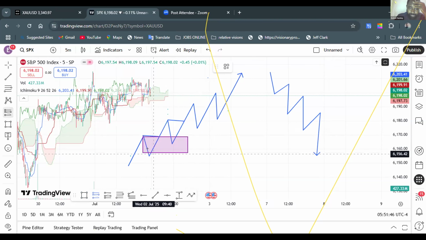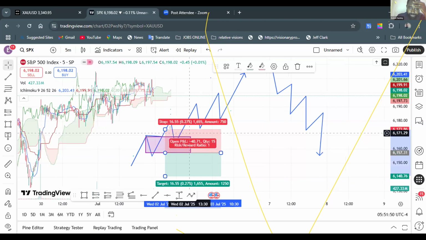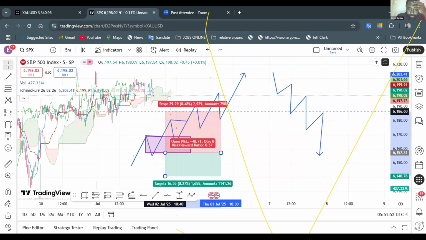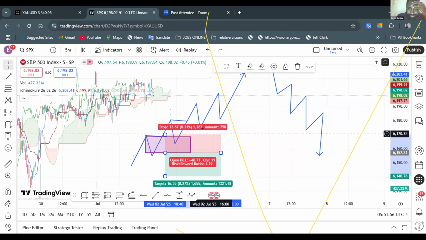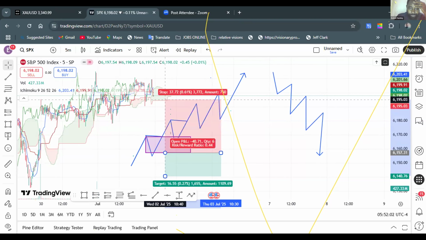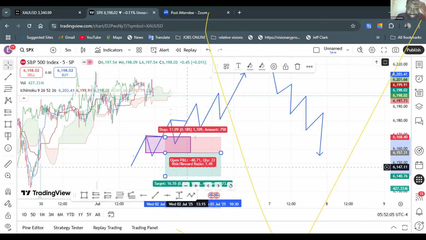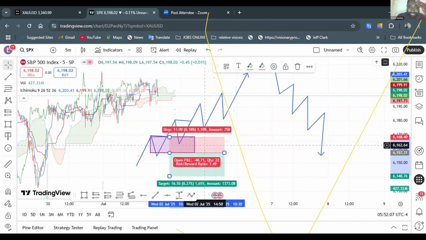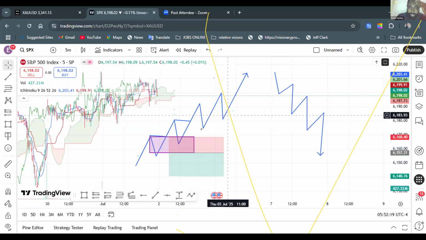Get ready for it and put your stop loss somewhere around here, right here. I've not been able to fine tune the drawing of this yet. You put your stop loss here and you can target it up to this point right here.